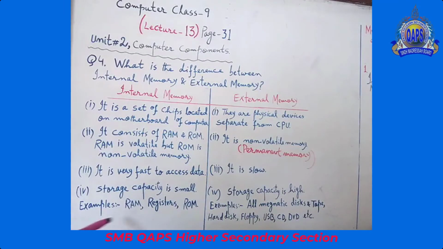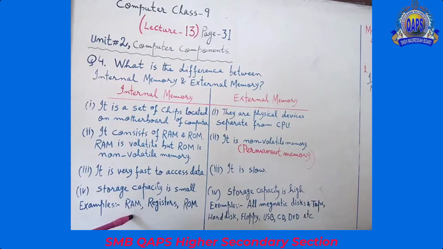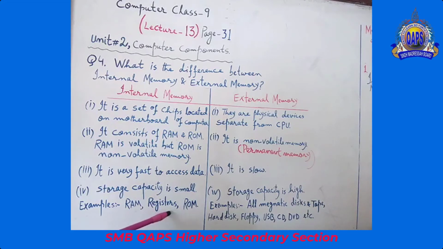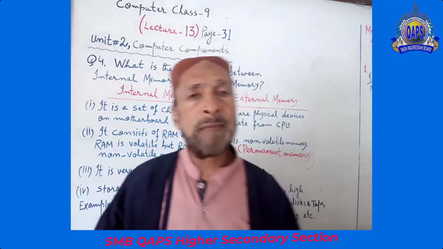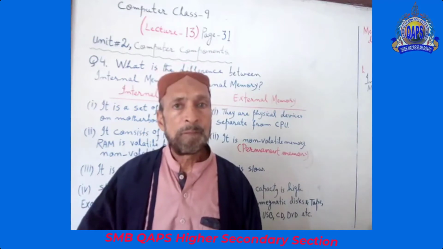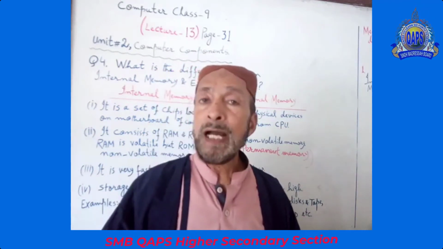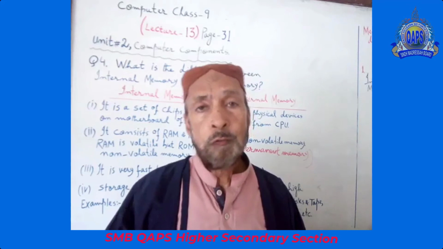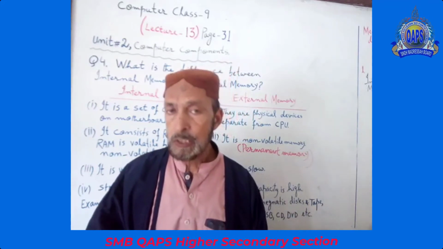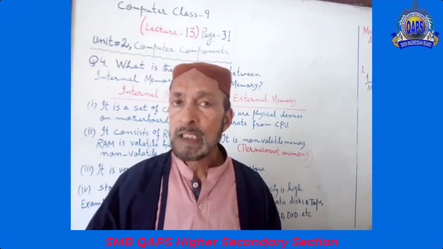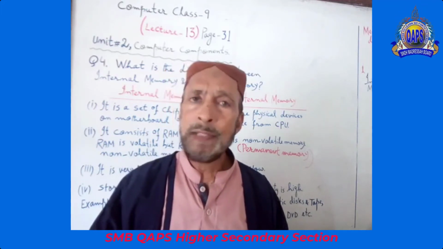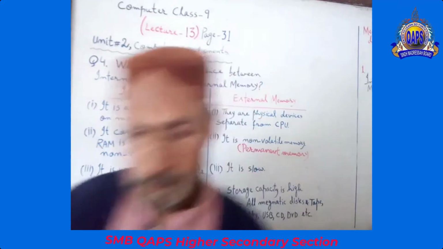Examples: RAM, registers. I have already told you about the registers. Registers are like volatile memory, that means RAM, and they are total 14 registers and they are shared by CU and ALU.